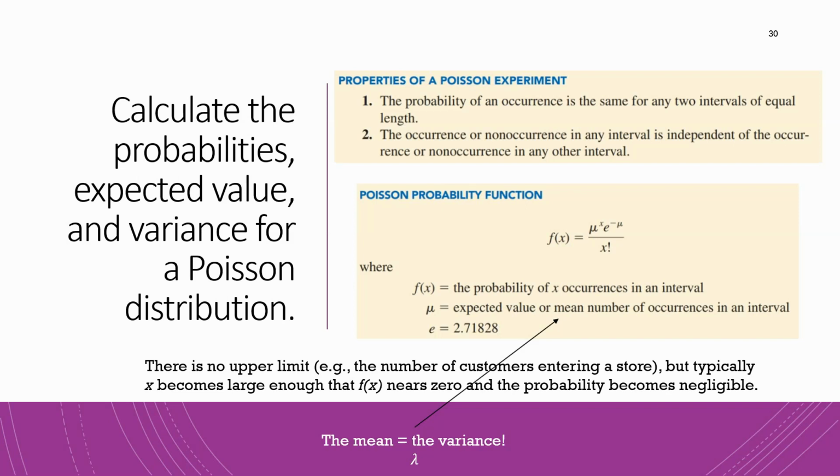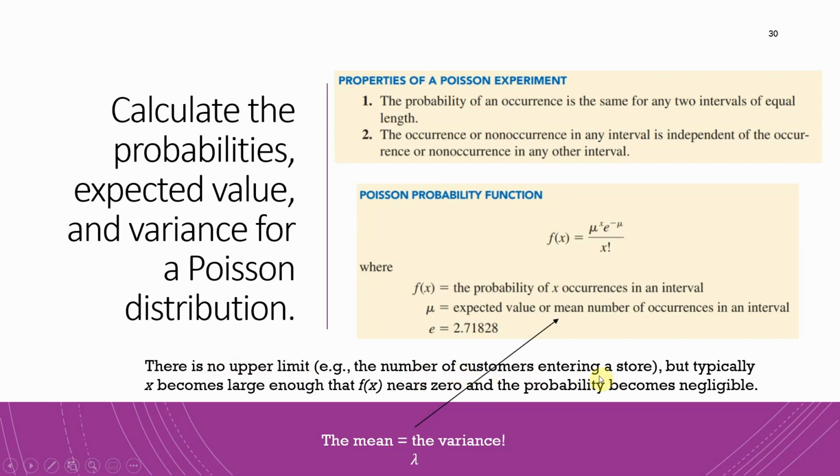So remember, what's the difference between the Poisson and the binomial? They're both discrete probability distributions. They fall under that umbrella. With the binomial, you're just working with two outcomes, like heads, tails, purchase, no purchase. With the Poisson, you still have discrete outcomes, but there's not just two of them. Typically, there's no upper limit.